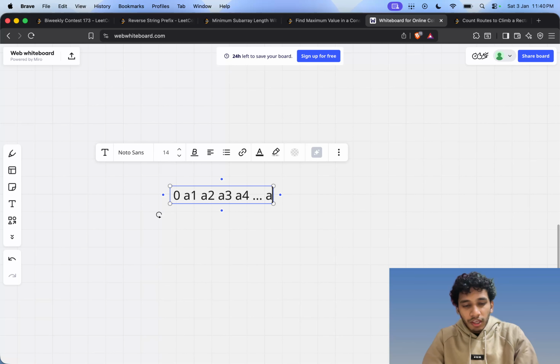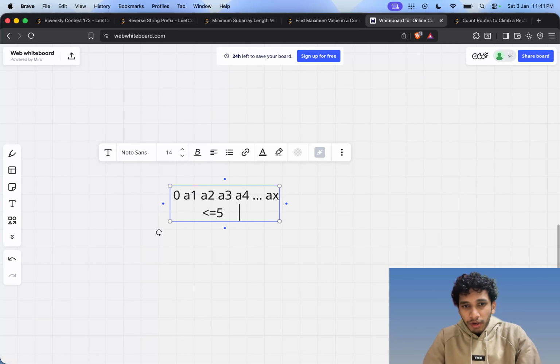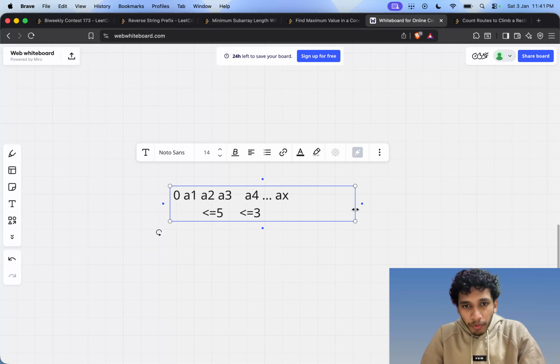Let's say ax. Now there are some constraints. For some of the indices, let's say index 1, index 2, index x, we are told that the value should be smaller than or equal to 5, or smaller than or equal to 4, or smaller than or equal to 3, which is not in our hands and is given in the input.